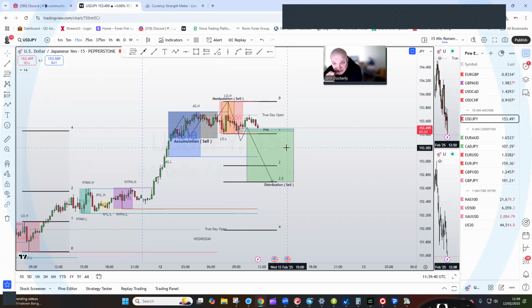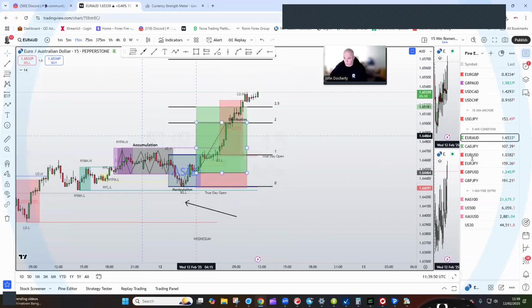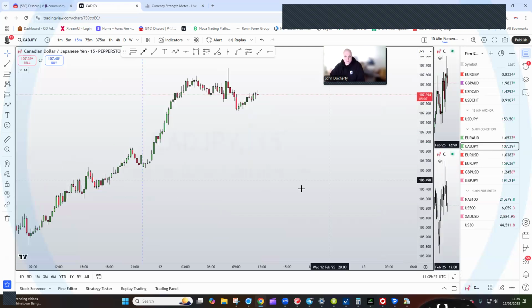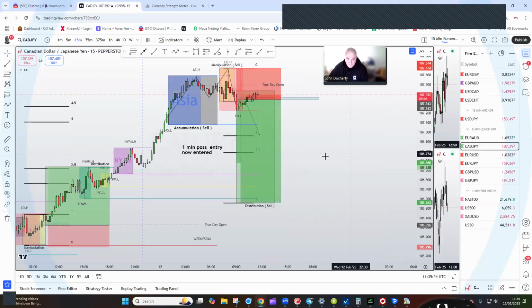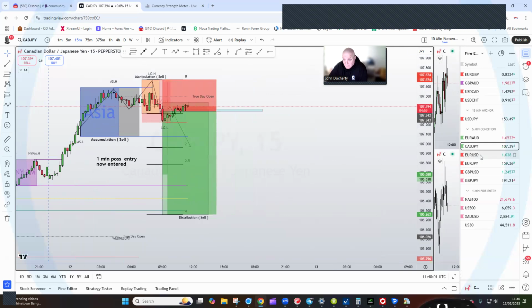Okay. So again, there is good mechanics to this system, very good mechanics to this system. We know the Euro AUD has produced, it went up to the 2.5 deviation. So there's a 4.29% on that today. The CAD JPY, at this moment in time, is hovering just above the break-even area in a little bit of drawdown. But the mechanics in the model are there.